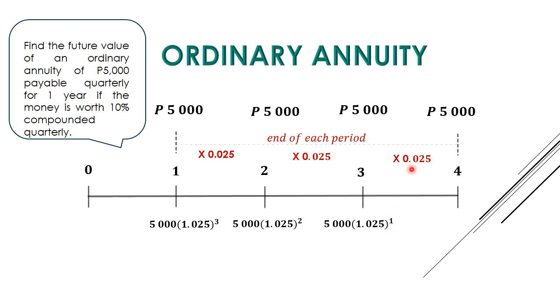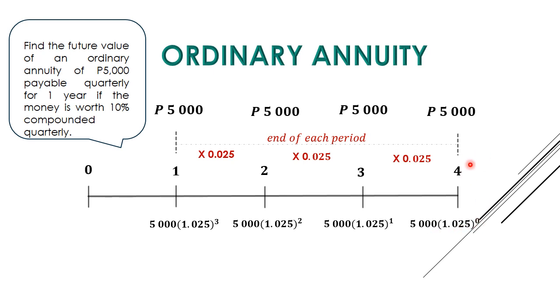So there is only a 0.025 interest that needs to be covered for the second to the last payment, in the third period. So that is 5,000 times 1.025 to the power of 1. And for the last payment is 5,000 times 1.025 to the power of 0. Why is it?